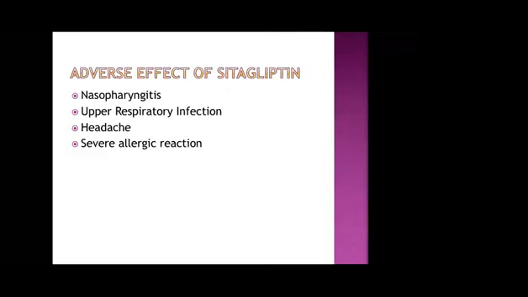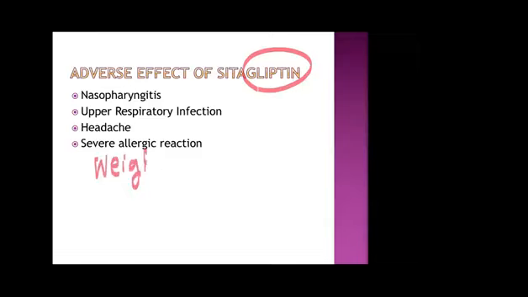Number 1, we have nasopharyngitis. Second is upper respiratory infection, headache, and severe allergic reaction. In terms of weight alteration, one good thing about the gliptins, weight neutral sila. So kung ano man yung timbang mo ngayon, hindi sila directly nakaka-affect. Weight neutral.